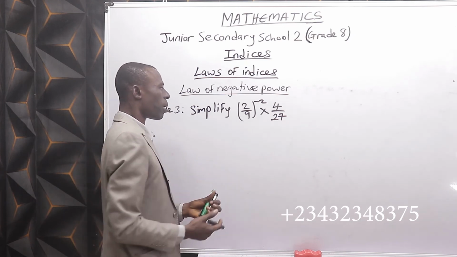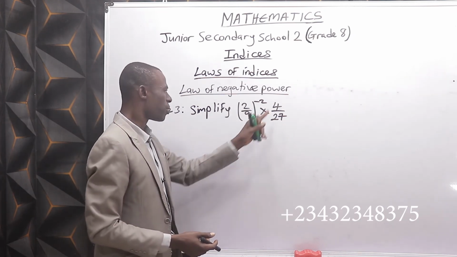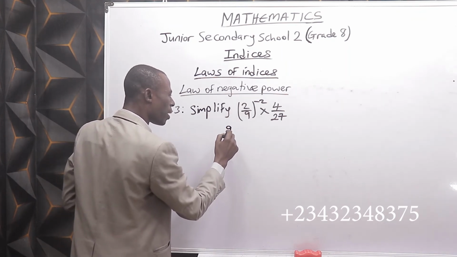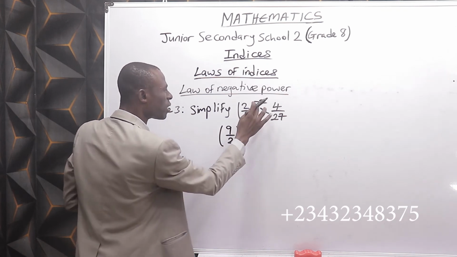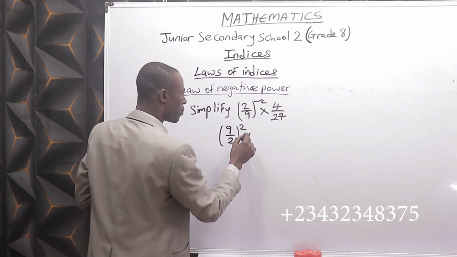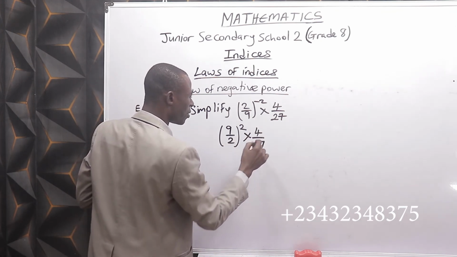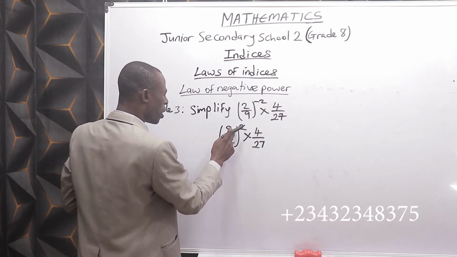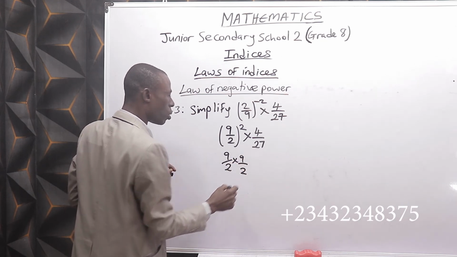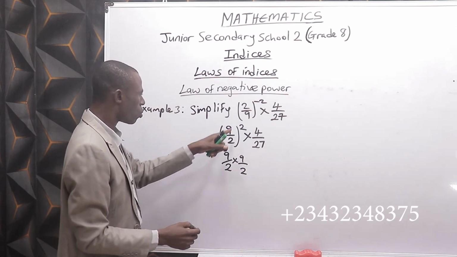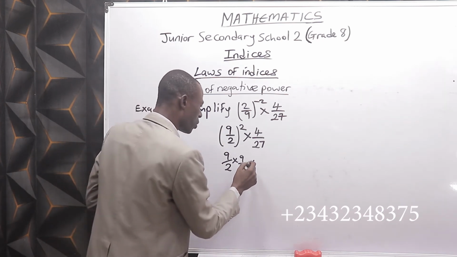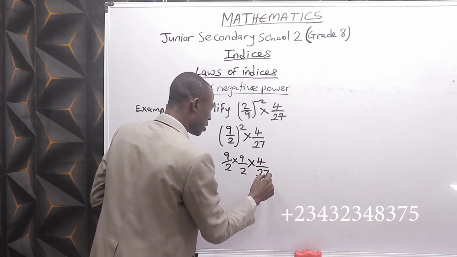Let's look at example 3. Simplify 2 over 9 in bracket raised to power negative 2 times 4 over 27. What do we do? 2 over 9 will become 9 over 2, and the negativity at the power level will disappear, times 4 over 27. So the meaning of this is 9 over 2 times 9 over 2. 9 over 2 raised to power 2 means 9 over 2 in 2 places, times 4 over 27.